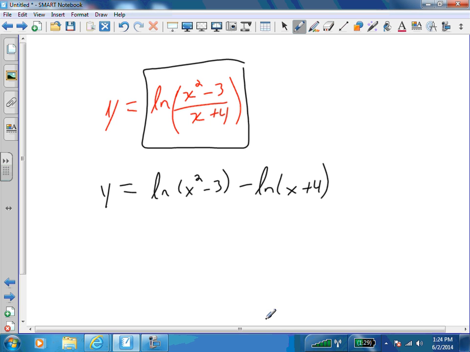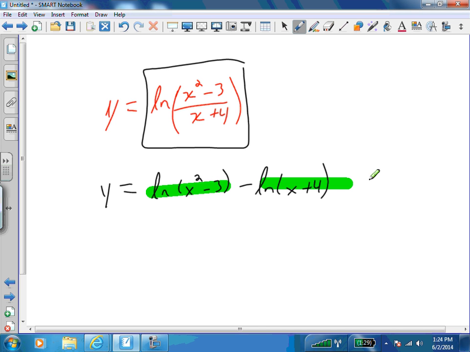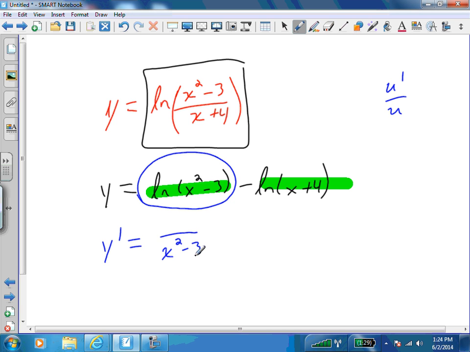That derivative is not too bad. We have two different terms. Both of those are natural logs, so each of those are going to involve a u prime over u. So for our derivative of this first part, what goes on bottom when we take this derivative? X squared minus 3. The derivative of that goes on top, so what goes on top? 2x.